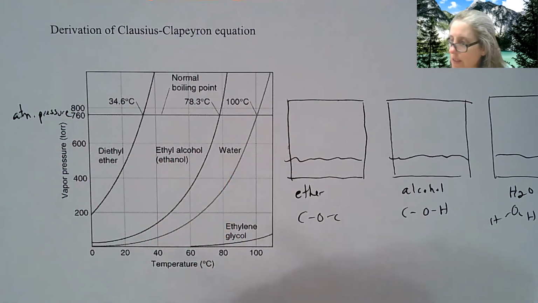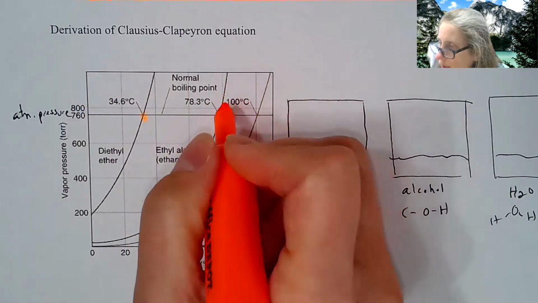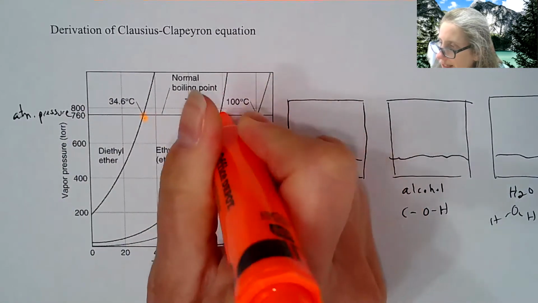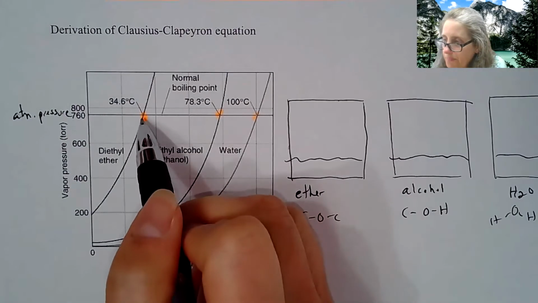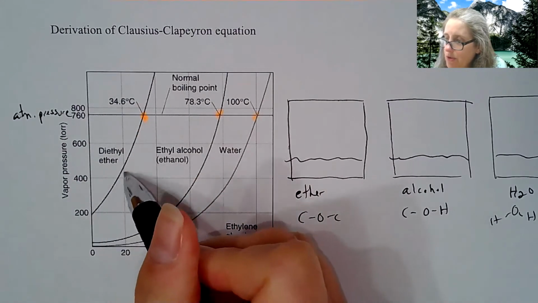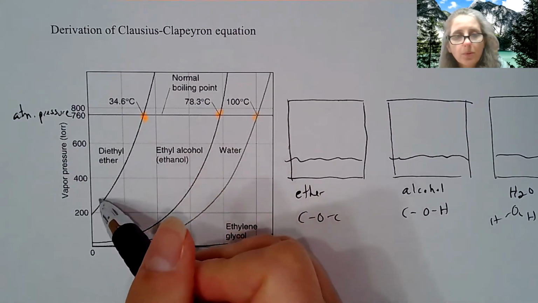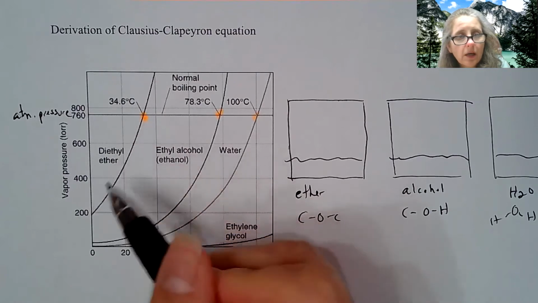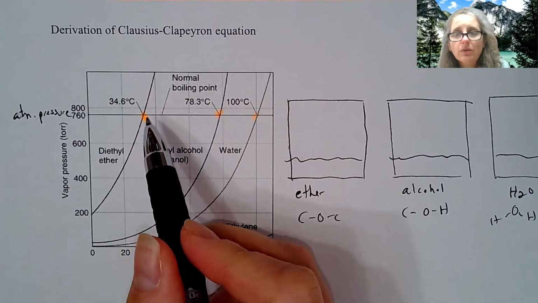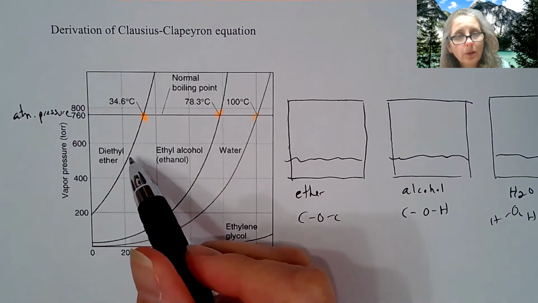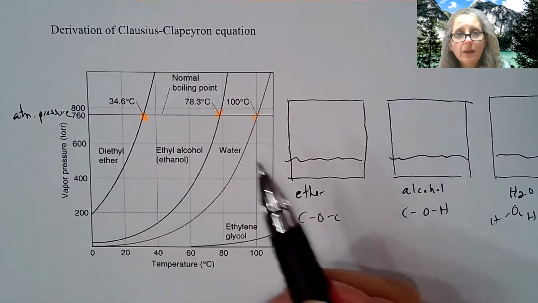What I want you to focus on is where these curves essentially intersect with that line, okay? Each one of these curves shows, depending upon the temperature, what vapor pressure you will produce above that liquid. So again, the higher the temperature, the more your vapor pressure is going to increase, because you're going to give more and more energy to those particles to become a vapor.